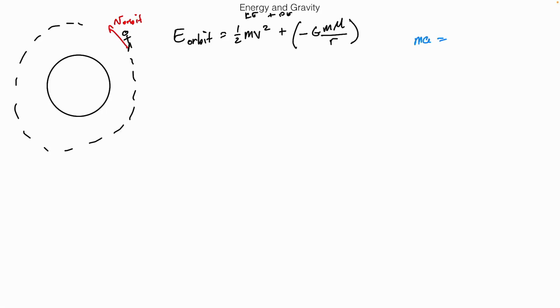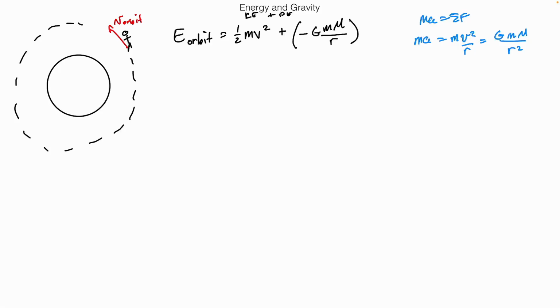We are going around in a circle, so we know something about the acceleration. It's going to be v squared over r. And then that all has to be equal to a force, right? m a equals the sum of the forces. The only force is gravity. And so I'm just going to write, only in magnitude terms, GMm over r squared. There's my force.